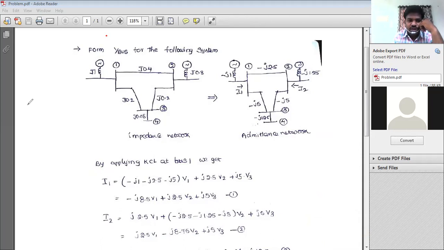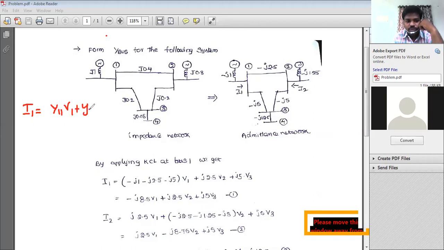So the first algebraic equation, for bus number 1, the incoming current I1 is equal to, first one is Y11 V1 plus Y12 V2 plus Y13 V3. Please compare it with the generalized form.